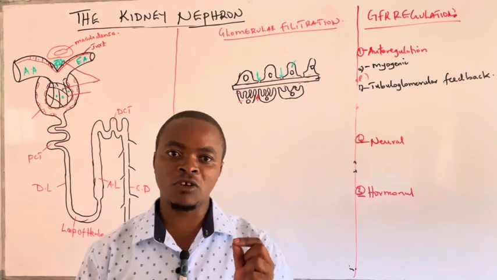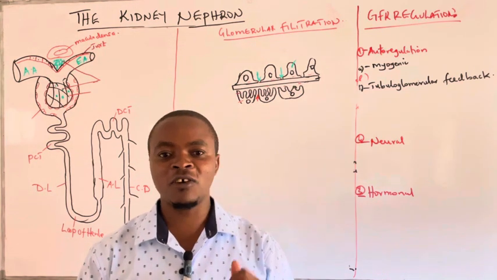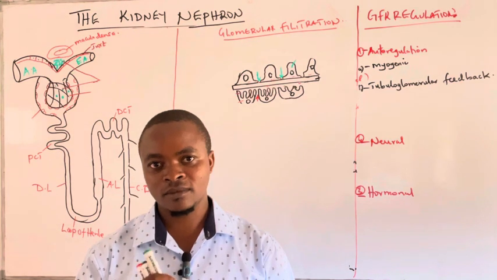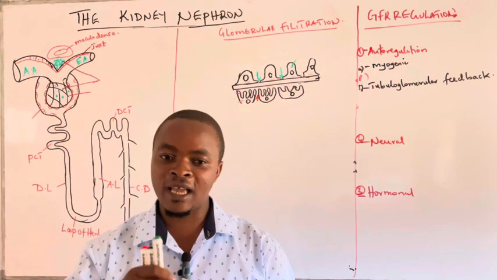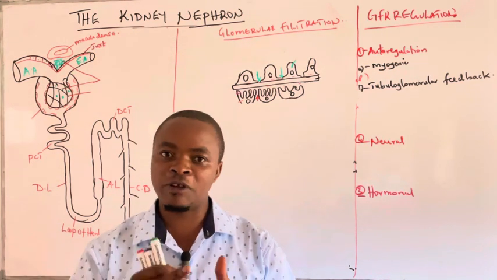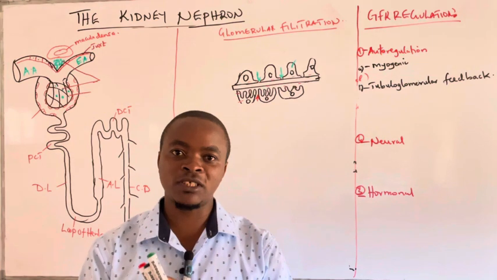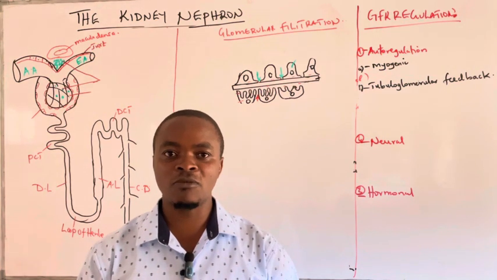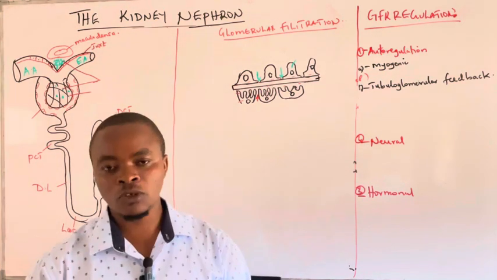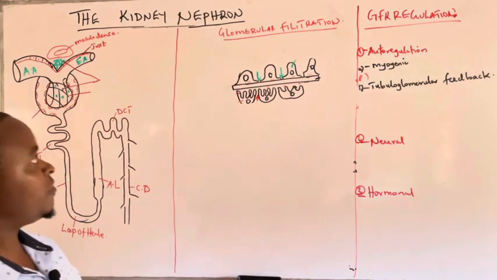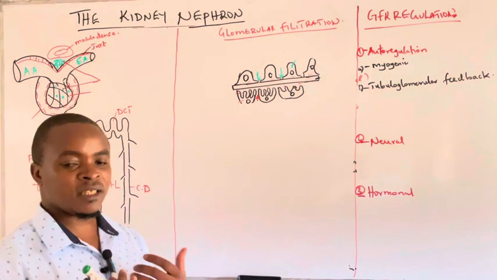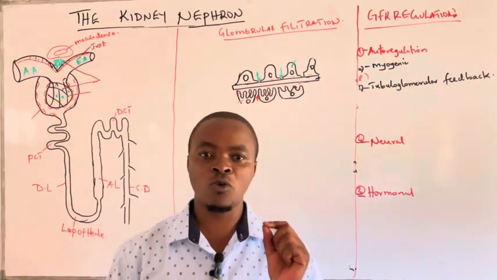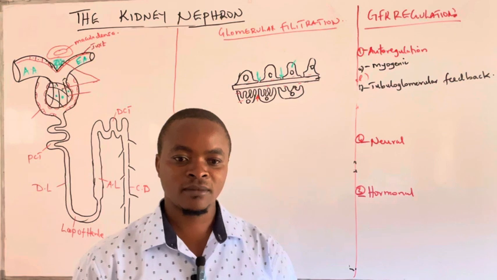We saw that cortical nephrons lie much within the cortex, whereas juxtaglomerular nephrons lie more within the medulla, and they are responsible for water conservation. So we want to look at the structure of the nephron, and later in this video we shall focus on glomerular filtration.